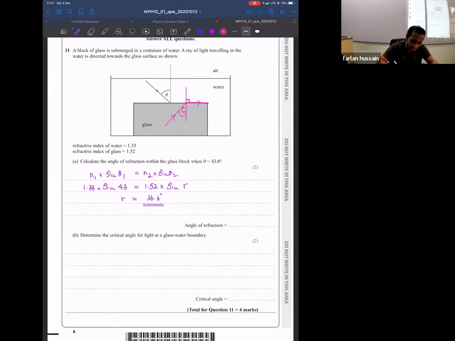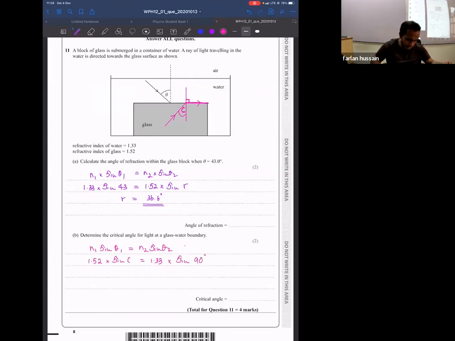So now using the same equation, n1 sine theta 1 is equal to n2 sine theta 2. So n1 for glass is the refractive index 1.52, sine theta 1 is sine C, which we have to find. N2, the refractive index of water, is 1.33. Sine theta 2, the theta is now 90 inside water.